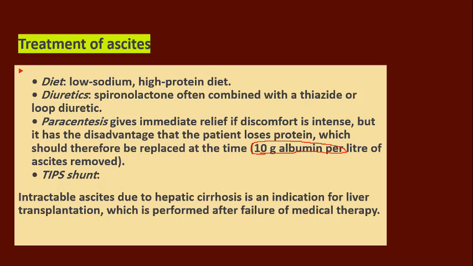Also, TIPS shunts and liver transplantation are indicated for intractable ascites due to hepatic cirrhosis, which is performed after the failure of medical therapy.